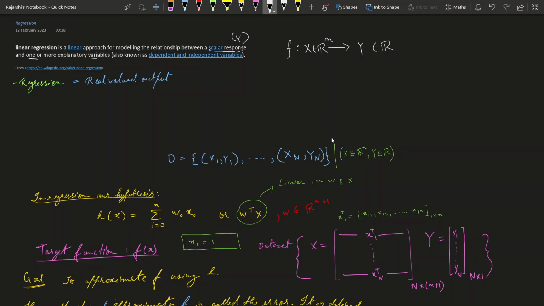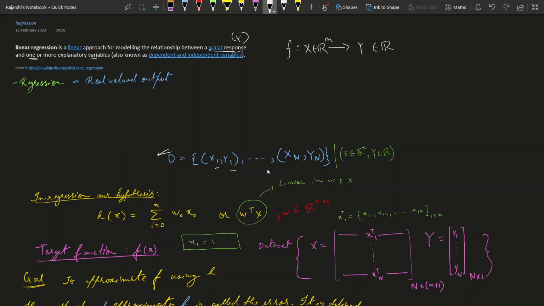So what does this imply? This means that given a dataset D in this format, x and y pairs, there is a function f, or a relationship, that explains the relationship between x and y's of the dataset.